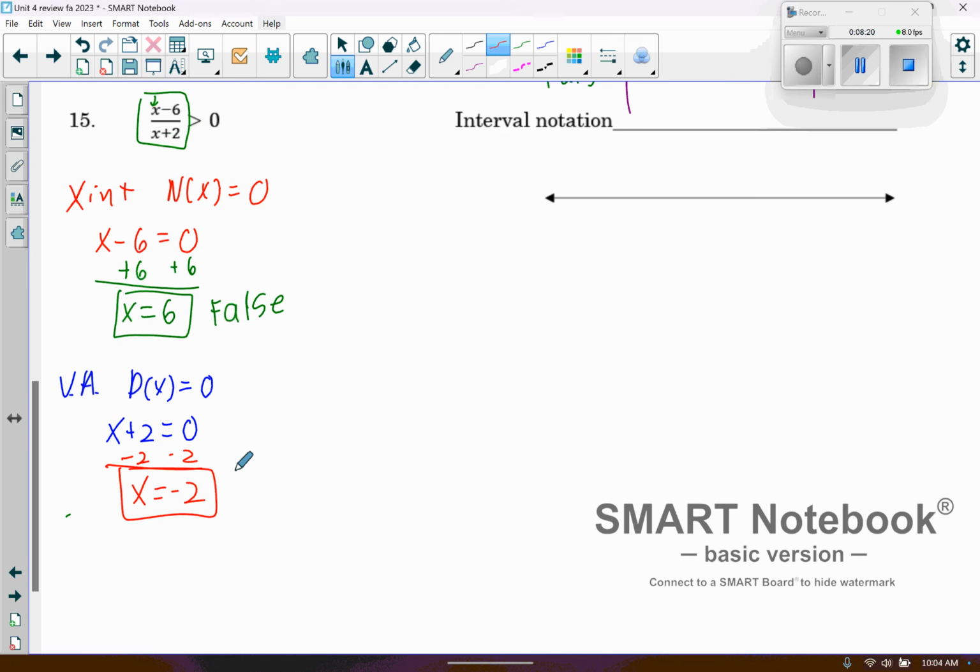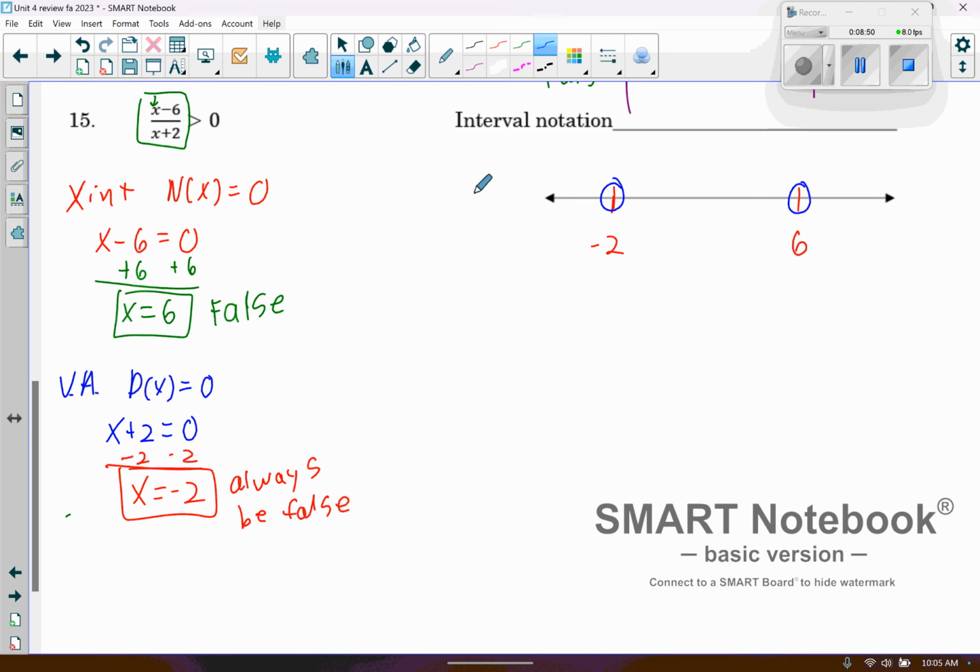Now that one will always be false, because with vertical asymptotes, you can't touch it. That would be undefined. So now we'll go ahead and put these values on our number line right here. So at negative 2, and we've got 6 over here, and they're both going to be open circles.